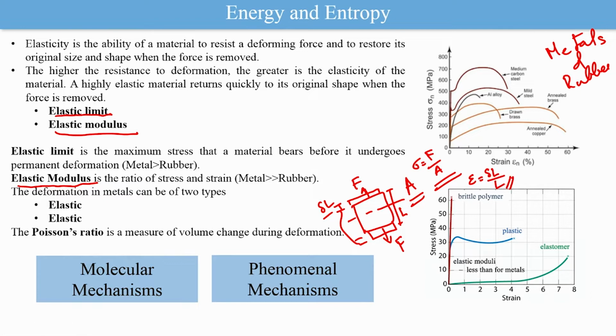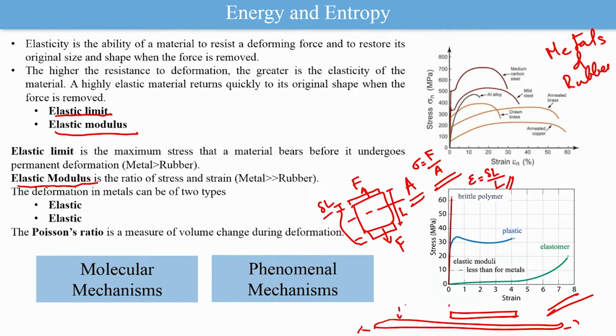Now, so these two parameters, the stress and strain, and the ratio of it is known as elastic modulus. So, you can see the graph over here. Okay. So, you can see a elastomer or something like a rubber. Okay. When you stretch it, okay, if the length was like this and you stretch it this much, okay, the stress developed in this rubber will be comparatively less than if you are stretching a same metal.